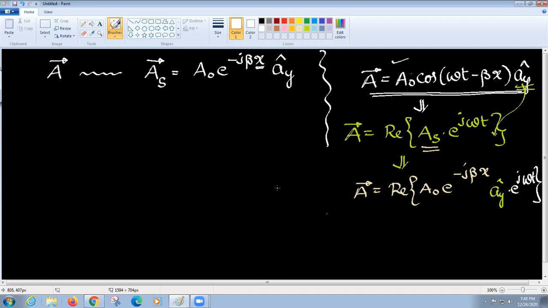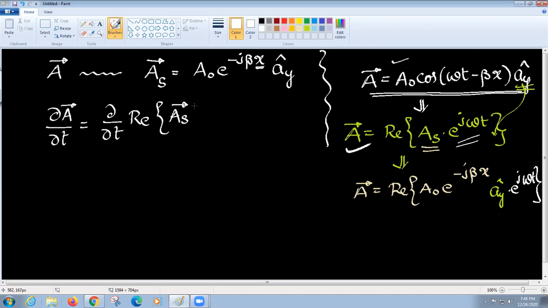That is very obvious. Now, of course, you can differentiate this with time, because I have a time quantity here. So if I differentiate that with time, dou A by dou t. Now what is my A? My A is the real part of, I have the phasor form like this.